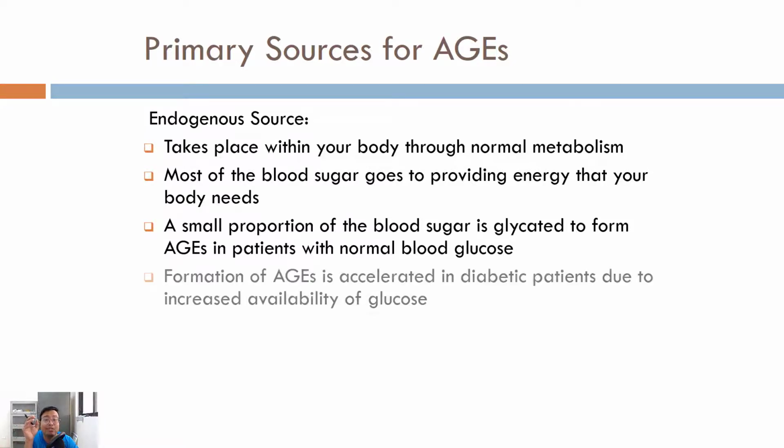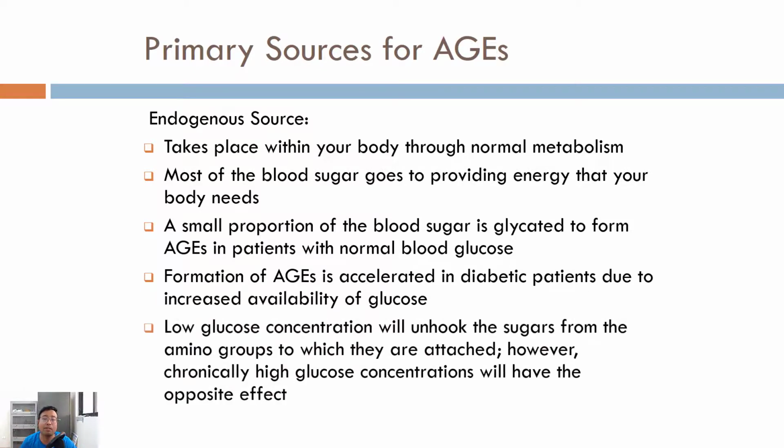But in case of patients with diabetes, the formation is accelerated because there's an increased availability of glucose, either due to absence of insulin to utilize glucose, or due to insulin resistance. Whatever may be the cause, the amount of glucose availability is so high that most of this glucose gets glycated to the precursors to form advanced glycation end products.